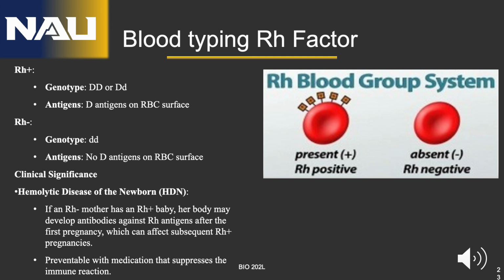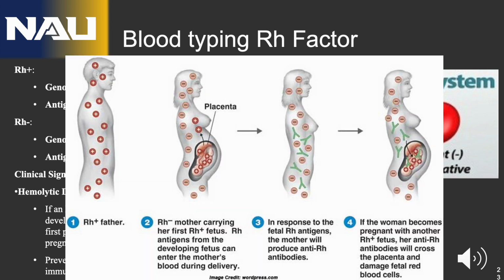Now, this makes donation interesting because a person with positive blood can receive positive and negative, while an individual with negative blood cannot. They can only receive negative blood. An interesting pathology can arise when a mother who is Rh negative has an Rh positive baby.